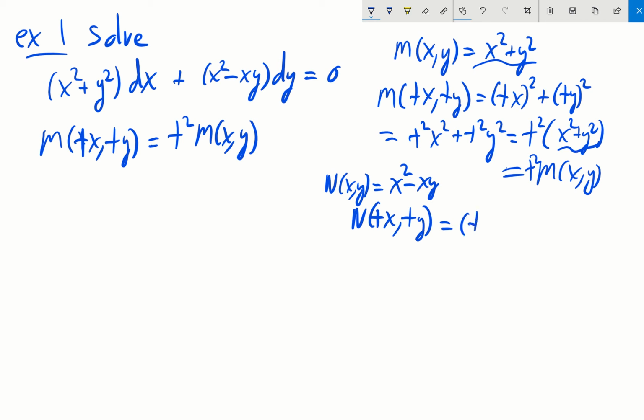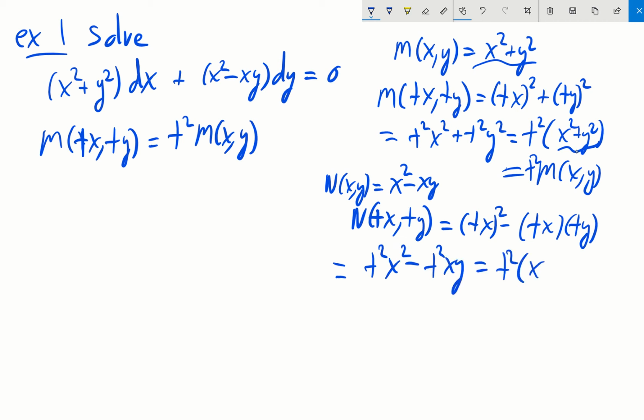So this evaluation will give us (tx) squared minus (tx)(ty), which is equal to t squared x squared minus t squared xy. Factor out the t squared, you get x squared minus xy, which is the same thing as the original N of x comma y.